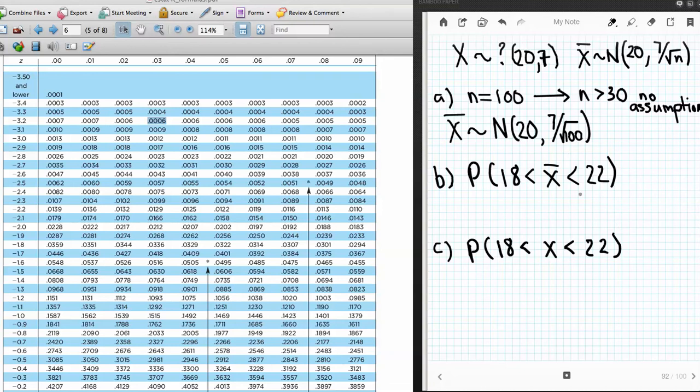With the sample means, we would expect there to be a much higher probability for the X bars to be within this range than we would for a single random variable. So this one we now assume to be normally distributed with the mean of 20 and a standard deviation of 7. So those would be the questions that we're going to answer, and then we'll talk about some interpretation.